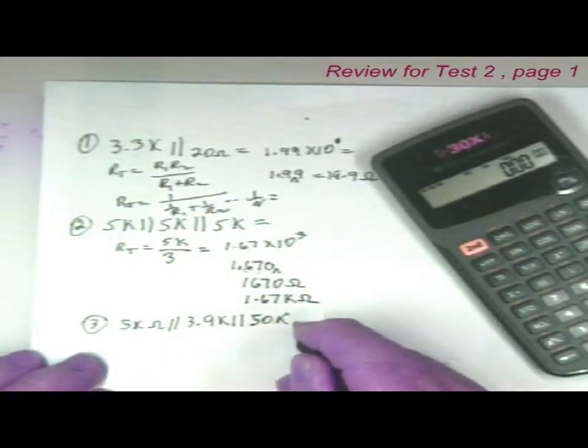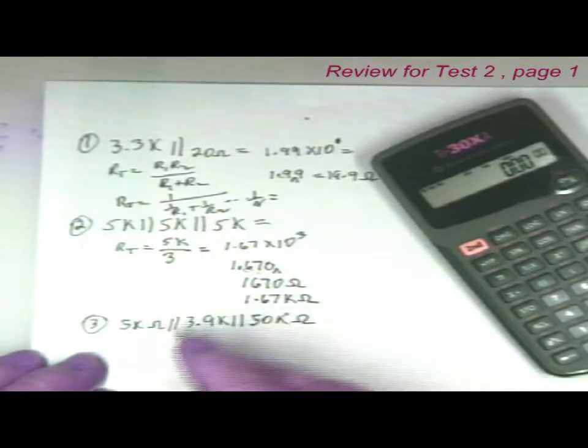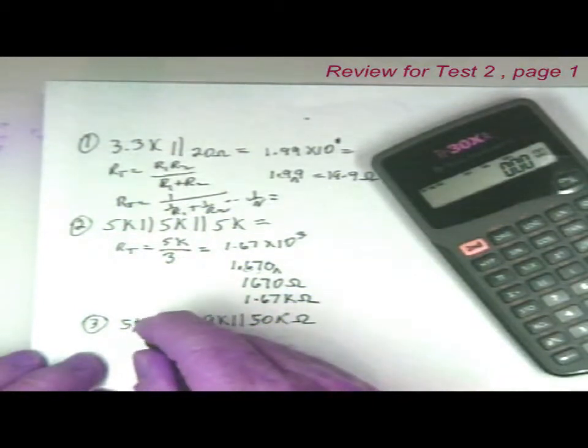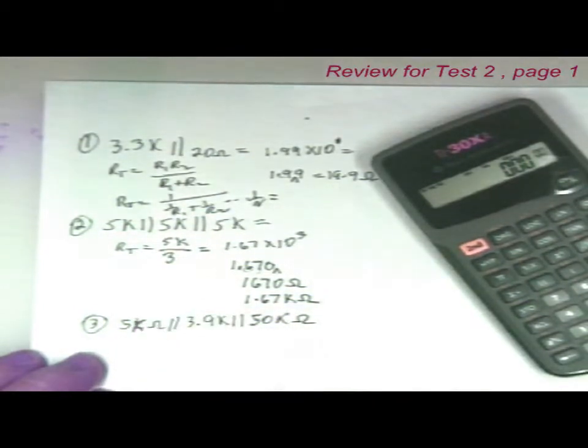I should have written that down on some of the other ones, but realize these are all K ohms, or straight ohms here. Now let's put this so you can read that. So what we have is a 5K ohm resistor, and these two vertical lines mean parallel, with a 3.9K ohm resistor and a 50K ohm resistor.